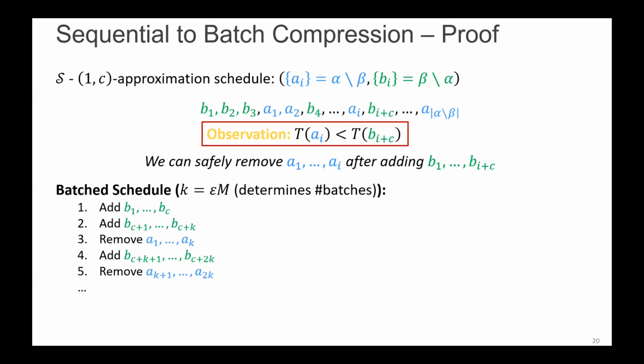Afterwards, we always just add k vertices of beta, remove k vertices of alpha, add the next k vertices in the original schedule from beta, and remove the next k vertices from alpha. And this observation shows that in this case, we never get a problem with validity. All edges are always covered at all times.